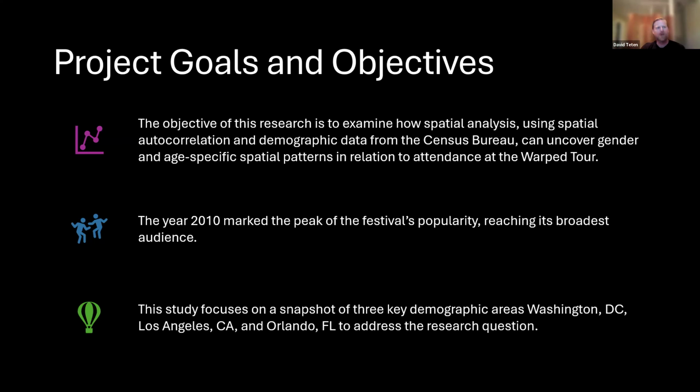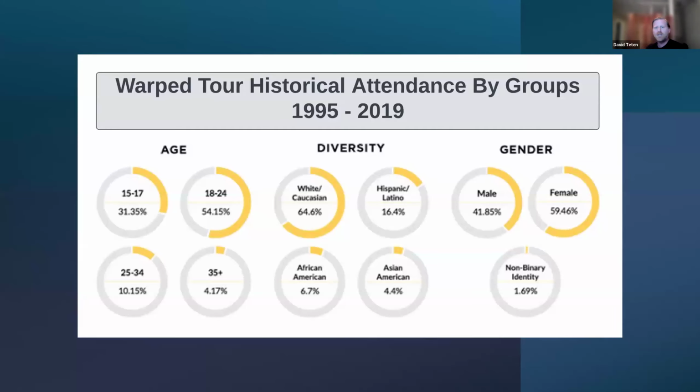So we're going to research the question: can the Warped Tour be characterized as a boys club, even though we have evidence from the attendance records to suggest that predominantly females attended the tour? This is a breakdown, actually given to me by them, of their historical attendance by groups. However, we're really only going to be looking at the age and gender segmentation of this. I chose to narrow that scope a little bit because it would be too difficult to navigate in such a short amount of time.